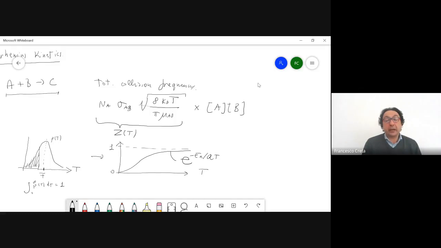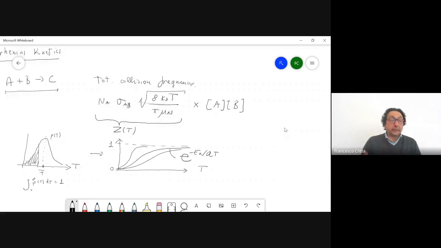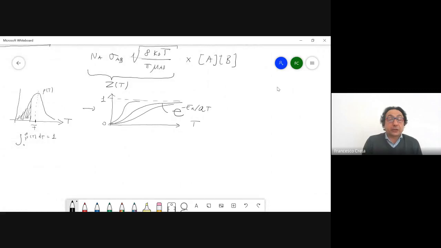Depending on whether EA is bigger or smaller, you can have obviously different shapes, like these. But in effect, this is the fraction of molecules having energy bigger than an activation energy. So, in fact, the Arrhenius form of the rate of reaction is essentially the total reaction rate, Z times A times B, but mitigated by the fraction of molecules having enough energy.